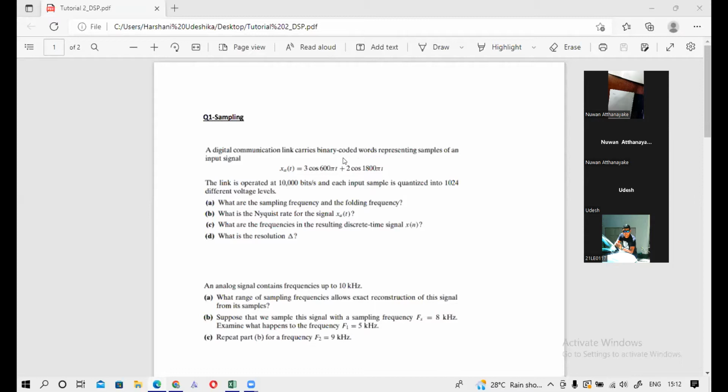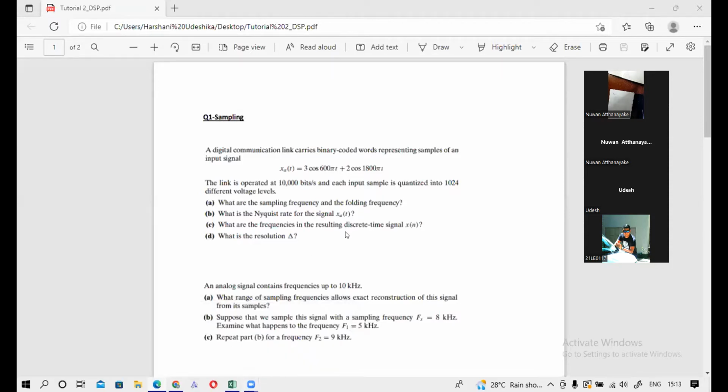So different transmission media will have different data rate and capacity depending on their properties. Anyway, the given transmission line has 10,000 bit per second. And each input sample is quantized into. Okay, so we will move to the question.